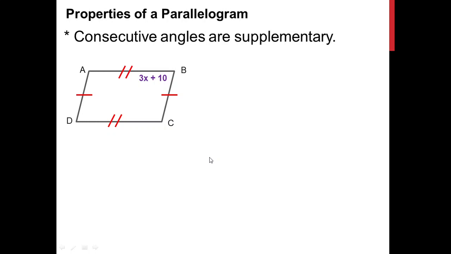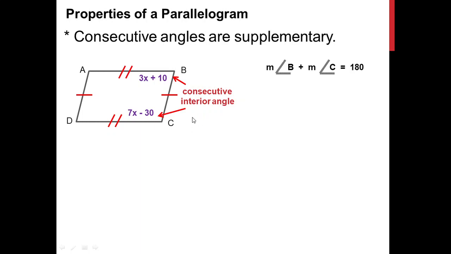For example, my angle B is equal to 3x plus 10 and my angle C is equal to 7x minus 30. Let's try to solve for the exact angle for angle B and angle C by solving for the value of x. Now we know that angle B and angle C are consecutive angles, therefore they are supplementary angles and equate to 180 degrees, right?